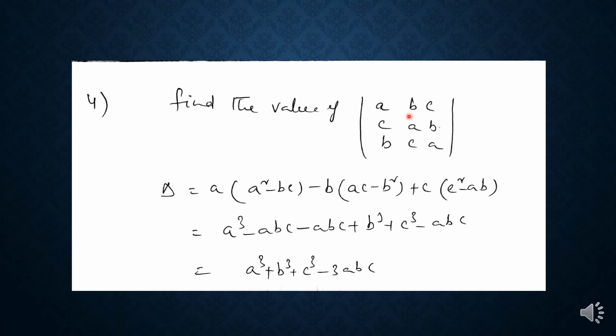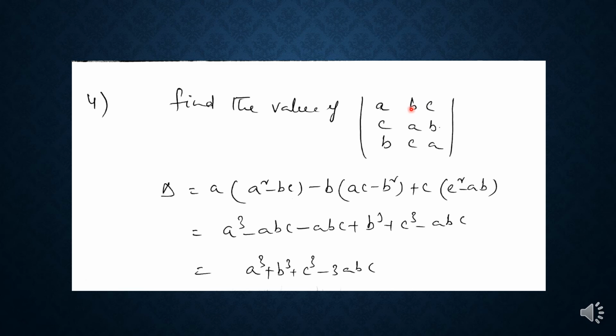Minus B. Why should I take minus here? While evaluating the cofactor of this element, the cofactor is minus 1 whole to the power of i plus j into its minor.